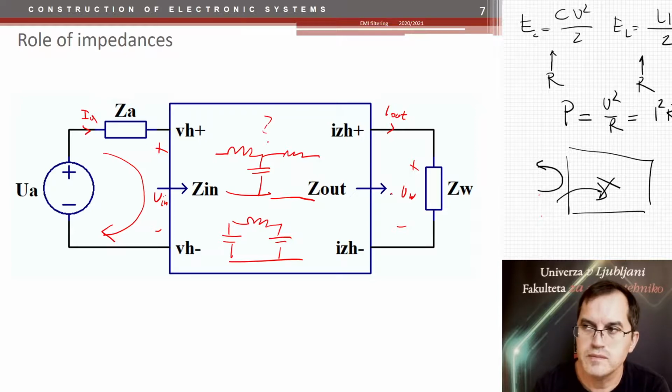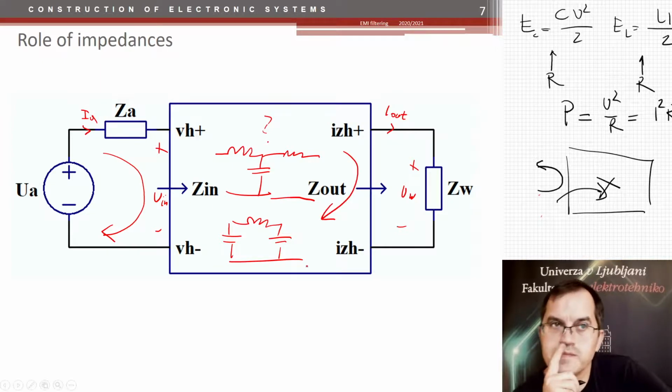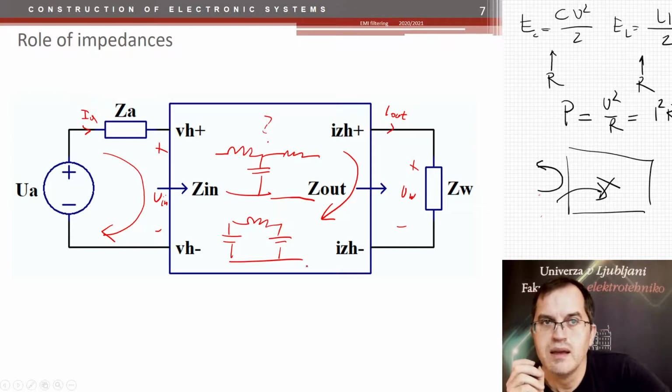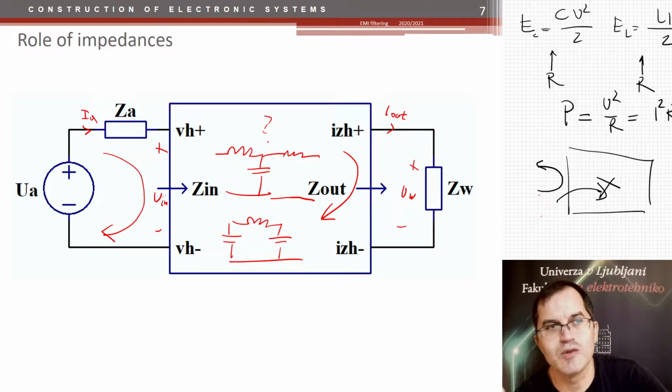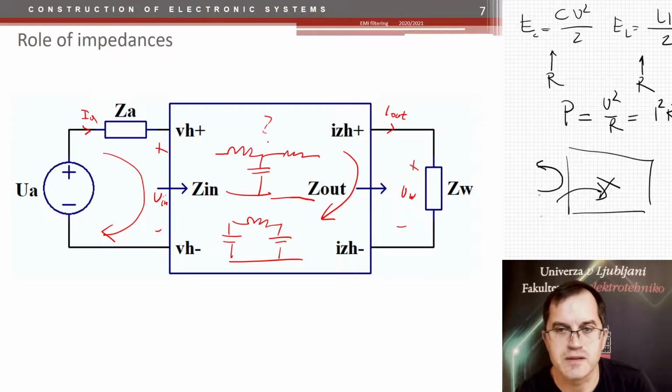Now, also here you don't want the power to be reflected back, so that it does not come to the load. And you can do that by choosing the input impedances and output impedances in the way that they would be as different as possible.